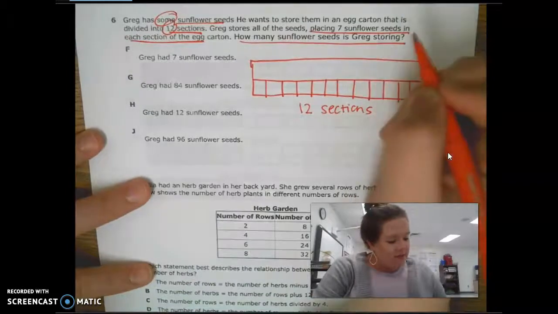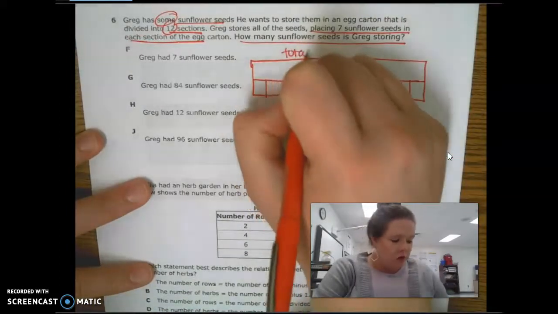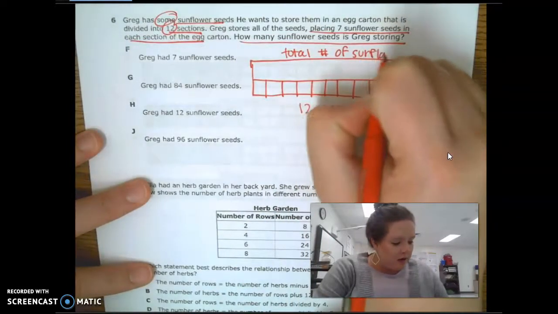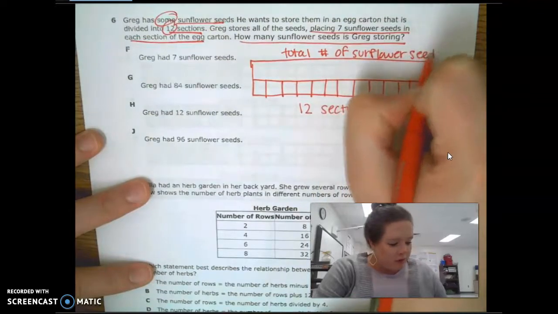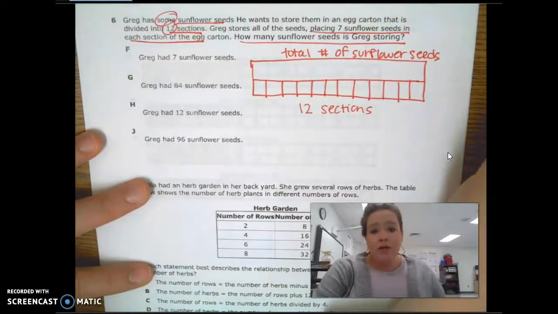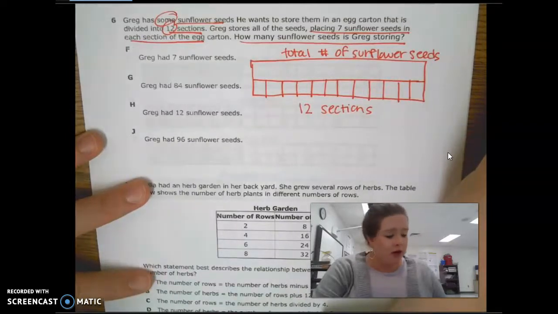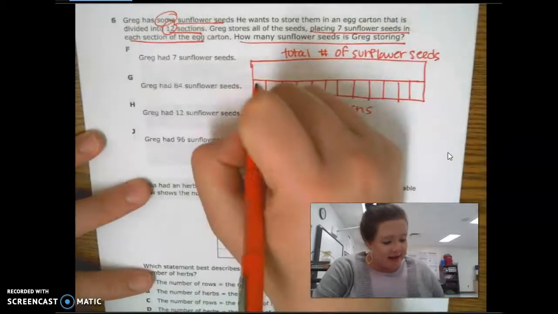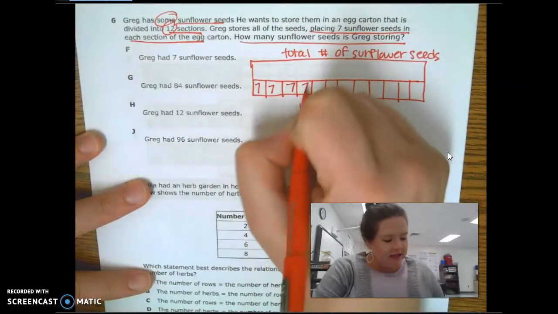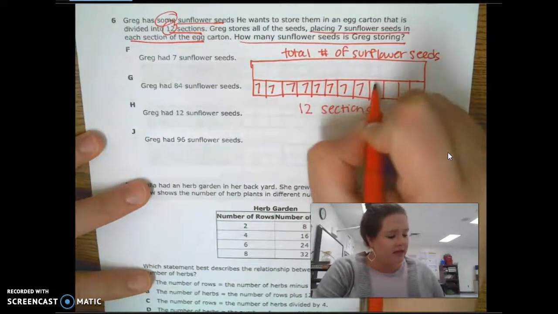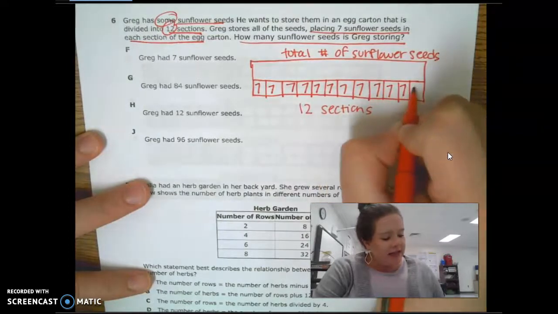And this is going to be the total number of sunflower seeds. All right. What do we know about the 12 sections of sunflower seeds? Good. We know that each section has 7 seeds.